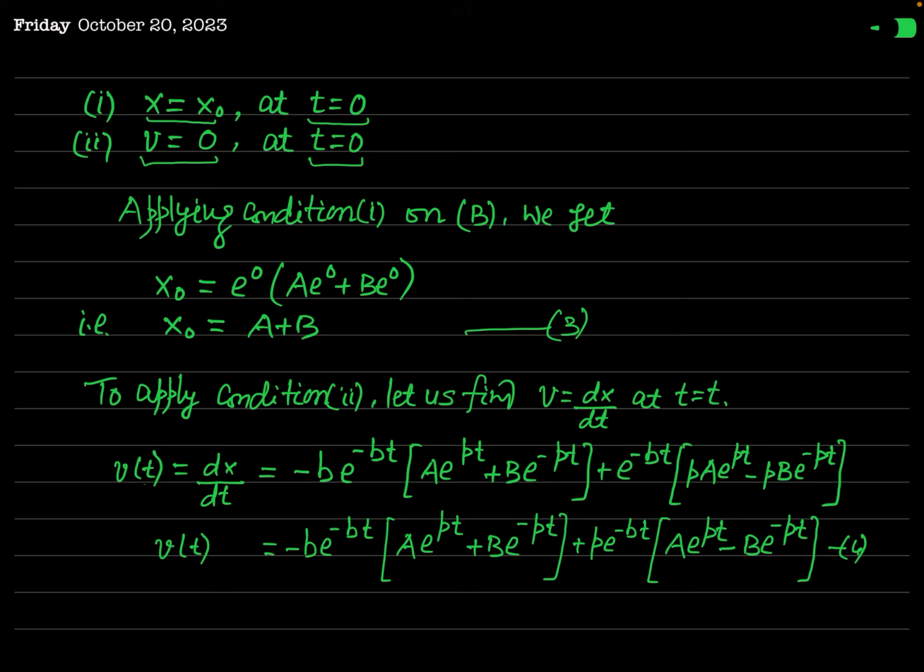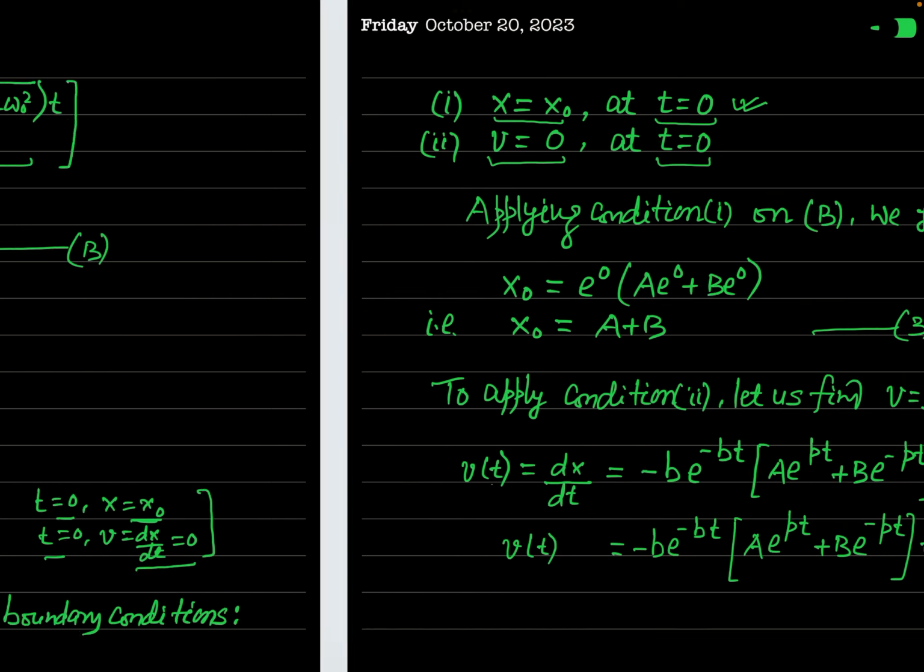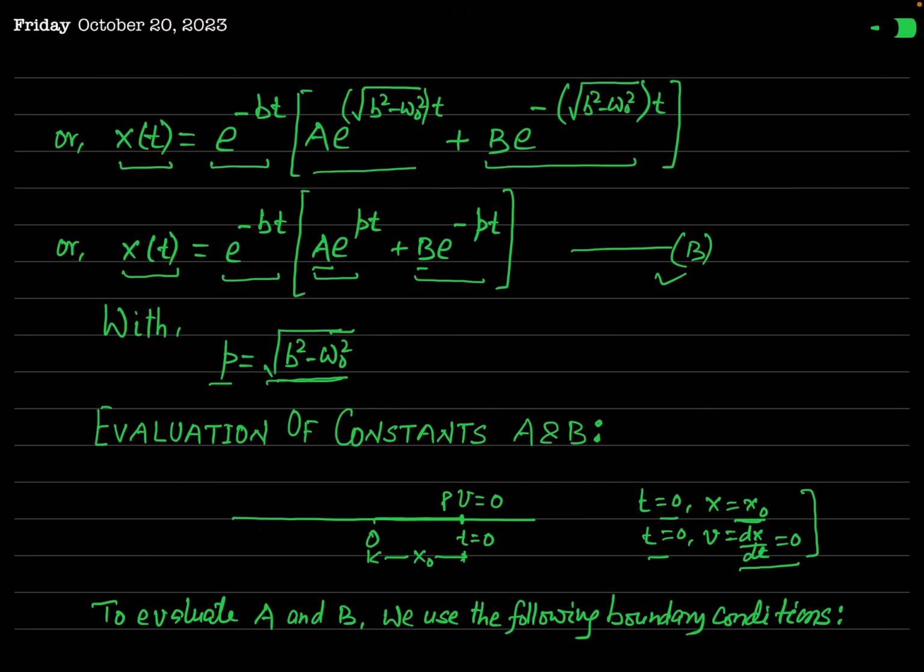Now, first of all, apply the first boundary condition, which reads x equal to x naught at t equal to 0, on this equation b. You have to write t equal to 0 in the RHS, and in place of x, you have to write x naught.